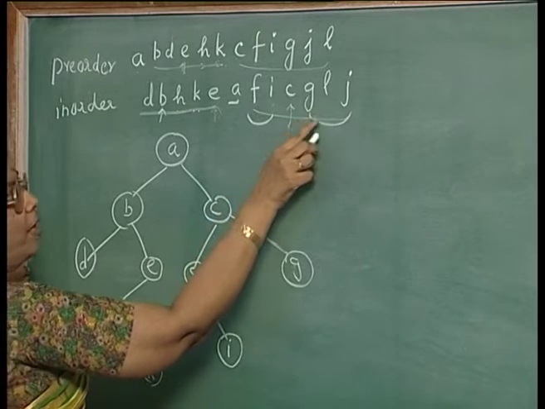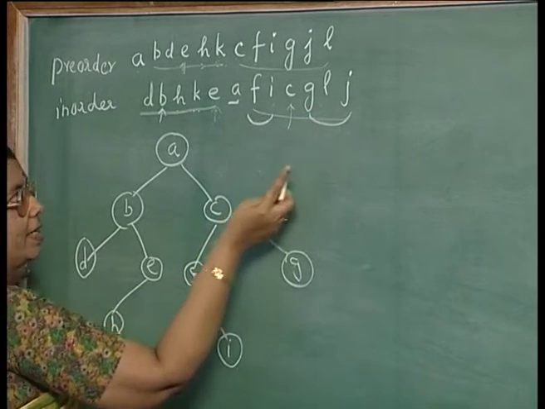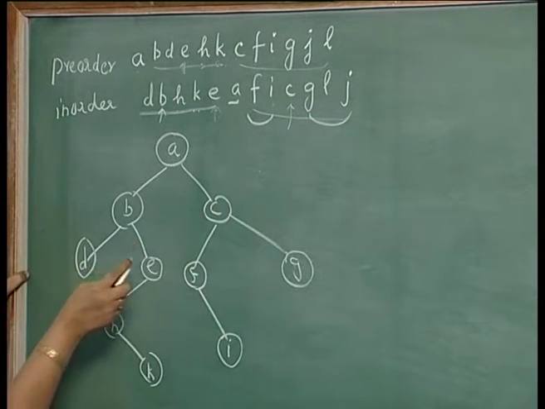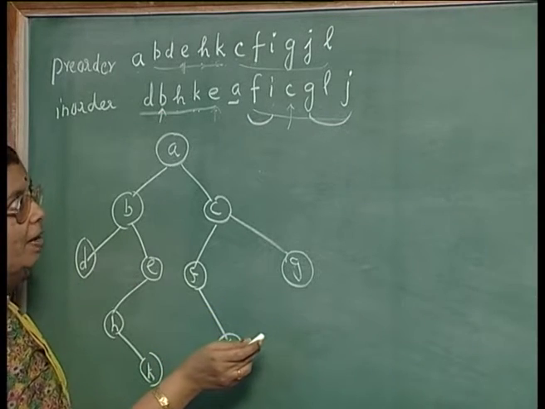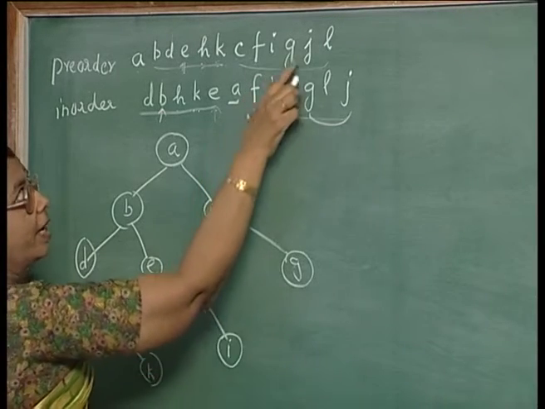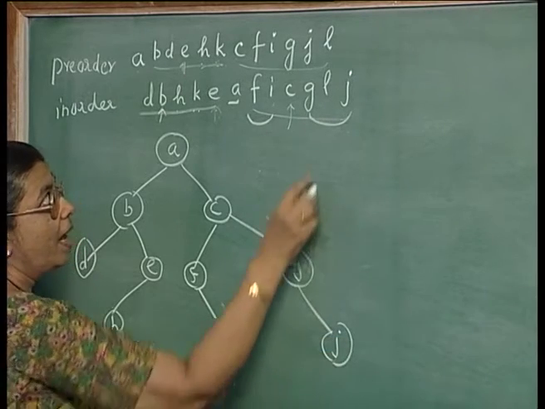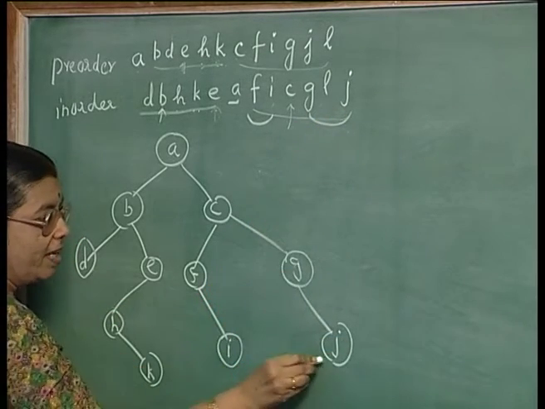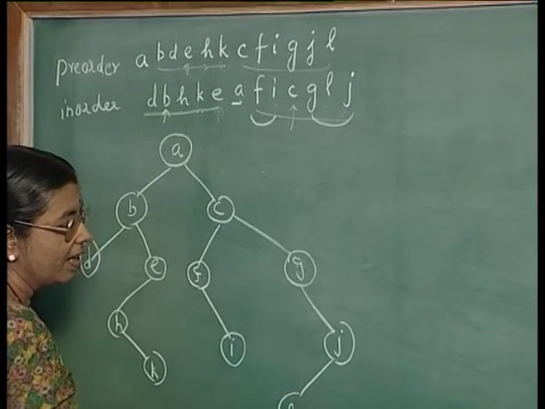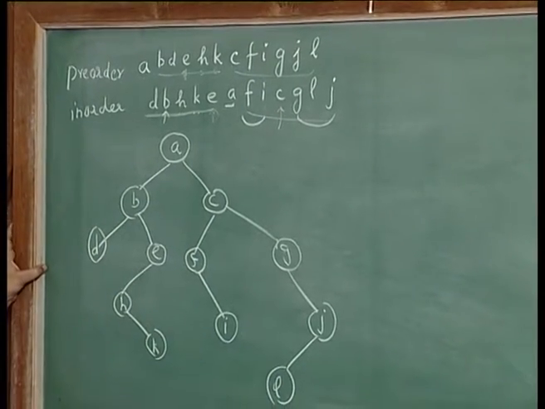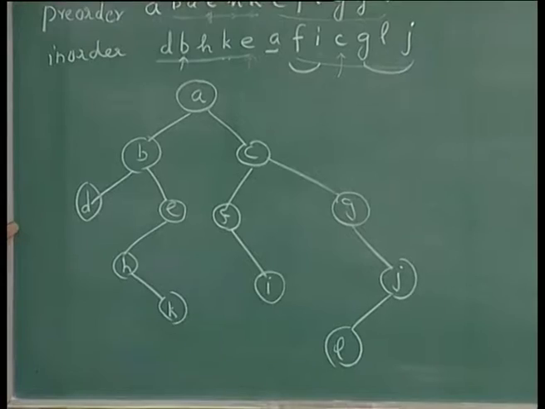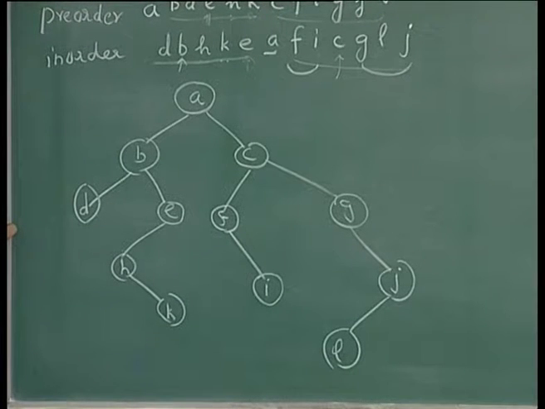But here again you find that both L and J occur on the right side next to G. So, they will occur on the right subtree and J occurs first here. So, J will be the root and L occurs to the left of J. So, L will occur like this. So, this tree can be built in a unique manner from the pre-order and the in-order sequence of the vertices visited.